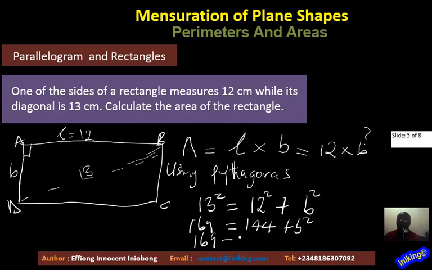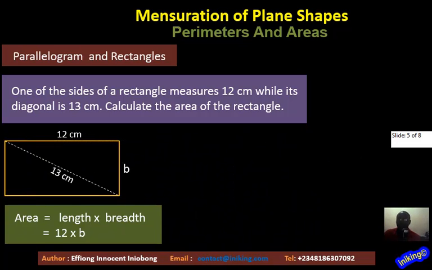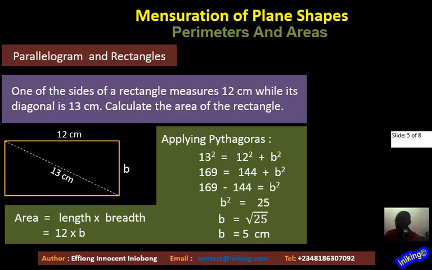I have 169 minus 144. That will give me B square as 25, but let's write this out a little bit here. So we stop here, actually. From here, we have our B square as 25. Our B is 5.